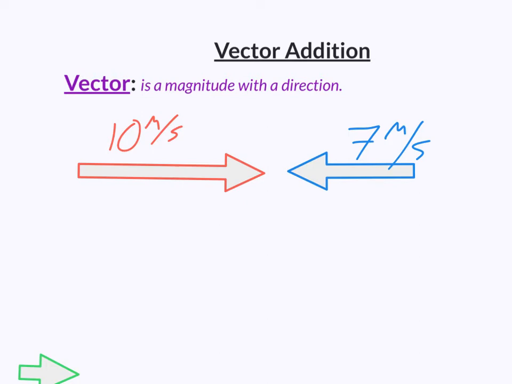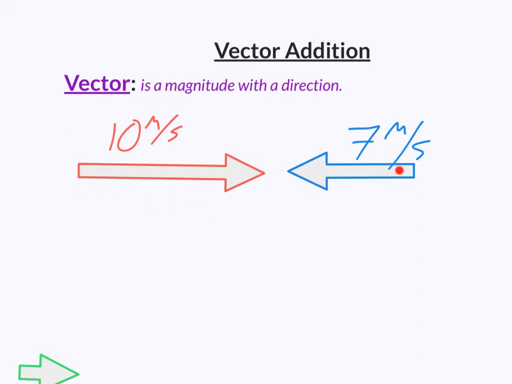Now, we'll talk in a minute what that really means, and a way to represent it without showing the actual arrow would be to say, okay, then this is a negative 7 meters per second. But for right now, we're just going to show it as an arrow, and we can see that it's going to the left.